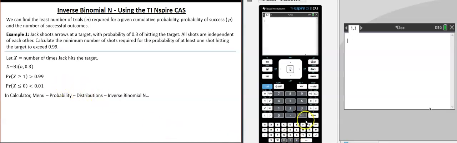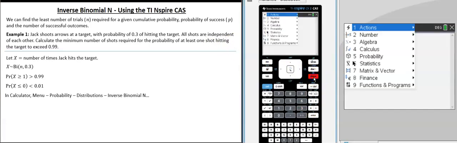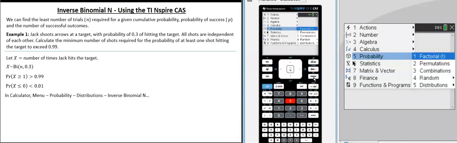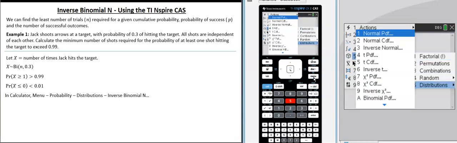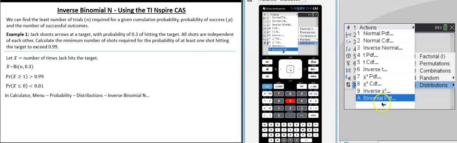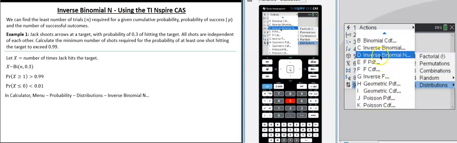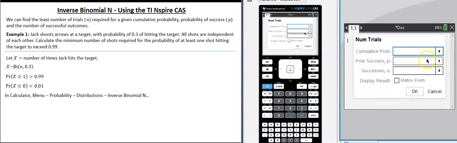Now, on my CAS, in a calculator page, I go to Menu, and then Probability, and then Distributions. Then Inverse Binomial N isn't on this first menu, so we need to scroll down, and you'll see there it's at D. So I select that.